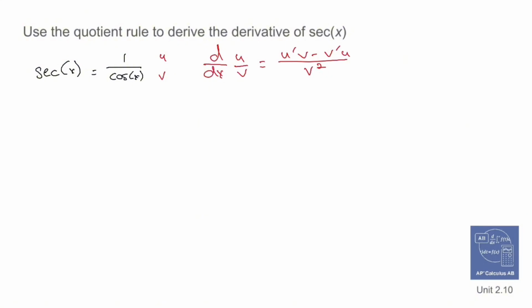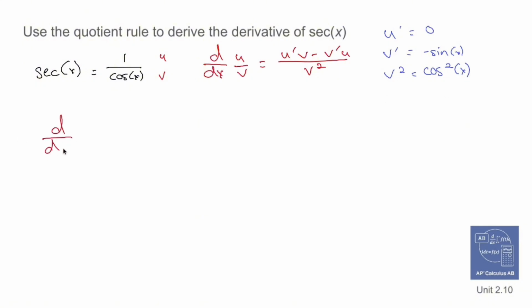So let's go off to the side and say, using that information, u prime is going to be the derivative of 1, which is nothing. V prime is going to be the derivative of cosine, which is negative sine x. And then v squared is going to be 2 cosines, one multiplied to the other, so cos squared x. All right, so let's put it all together.